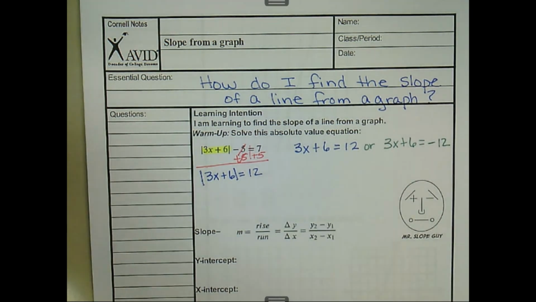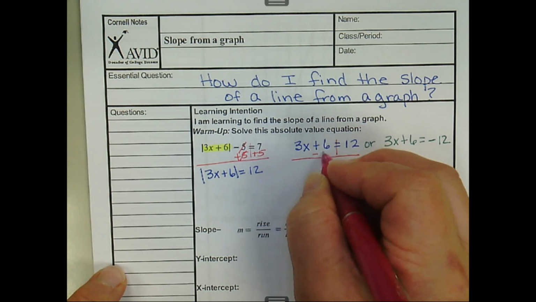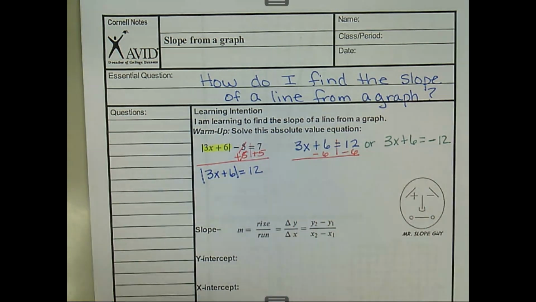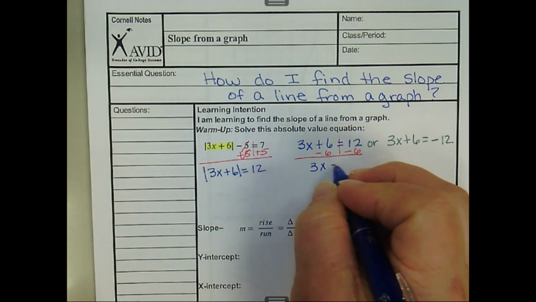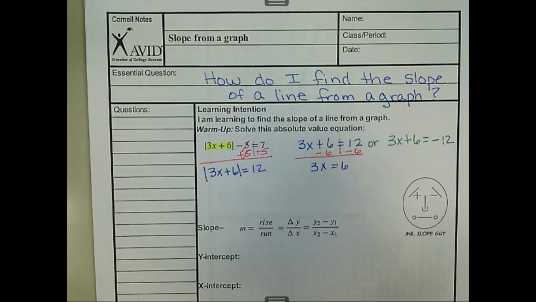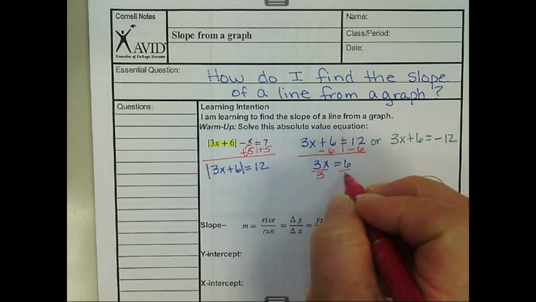Now we solve. Start by subtracting 6 from both sides. 3x is equal to 6. Last step is to divide by 3.